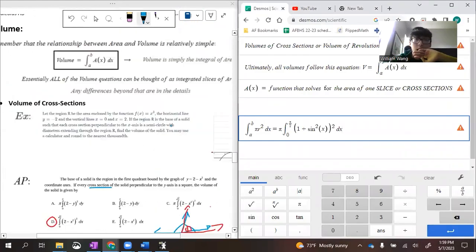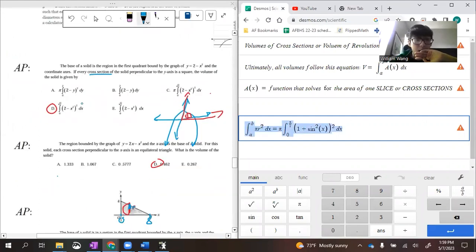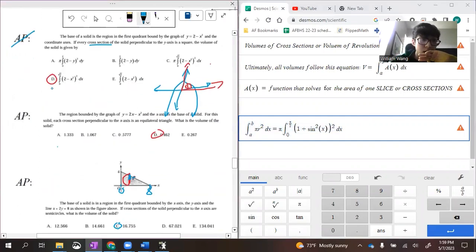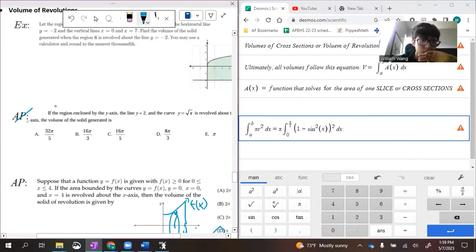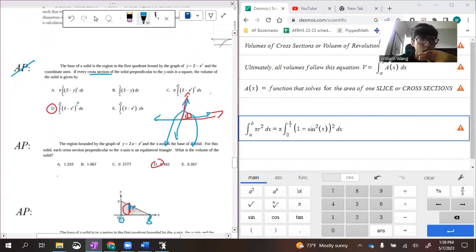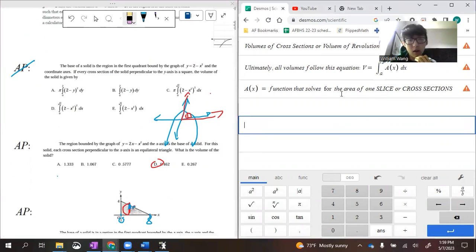One edit I made, I'm going to have us ignore these two for right now. You can try to solve these, but I'm going to give you hints for both of them. I actually did this one wrong. Both of these, notice you are revolving, it's perpendicular to the y-axis.